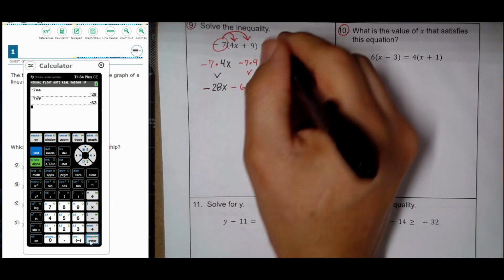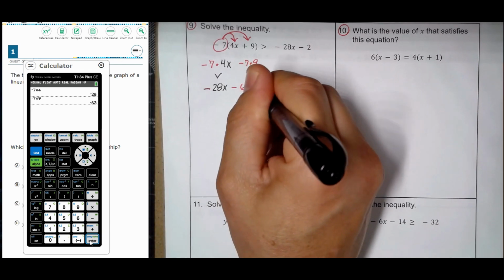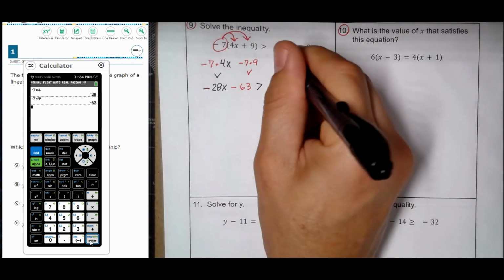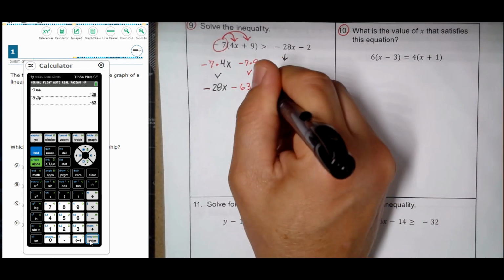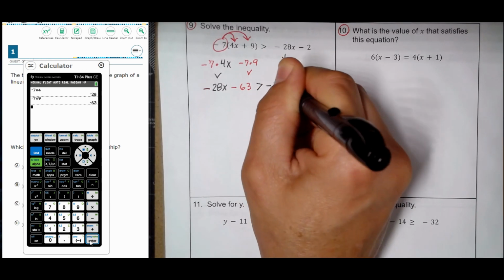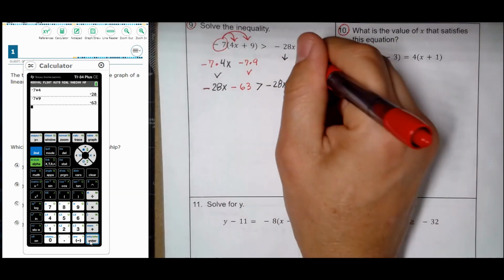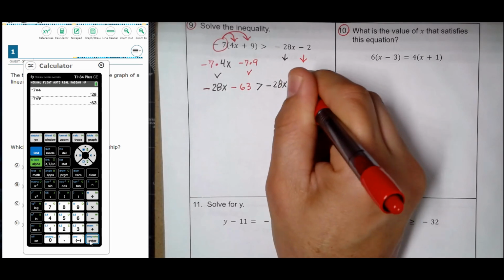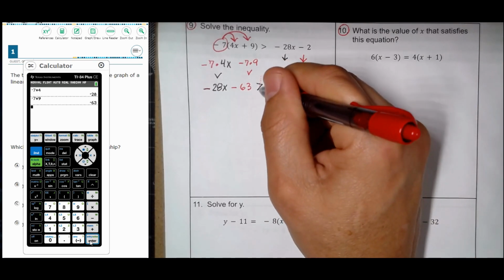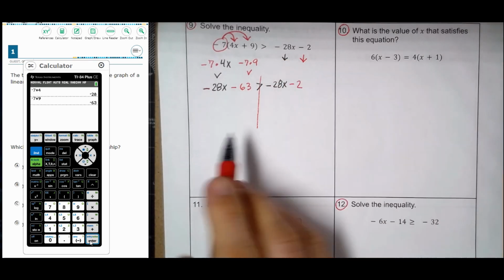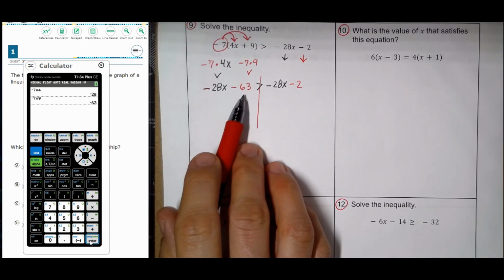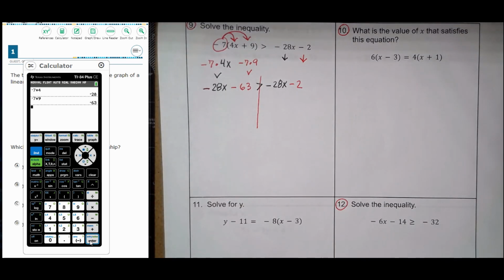Now I'm going to go ahead and bring down my inequality symbol. And at this time, I'm going to bring down these last two terms. Notice there's no distributive property on the right-hand side, so we simply bring down our terms and continue with the problem. Now I'm going to draw my line through my inequality symbol because at this point, right, we only have one variable and one constant on each side. So it's time to start moving things from side to side of the inequality.